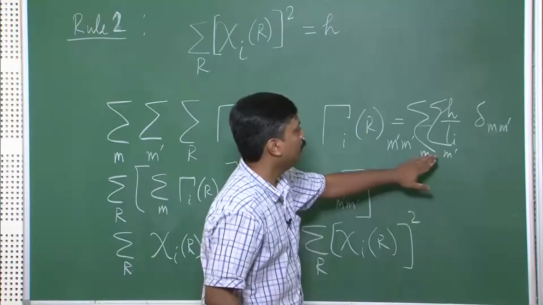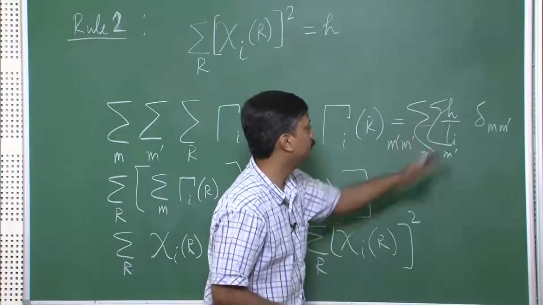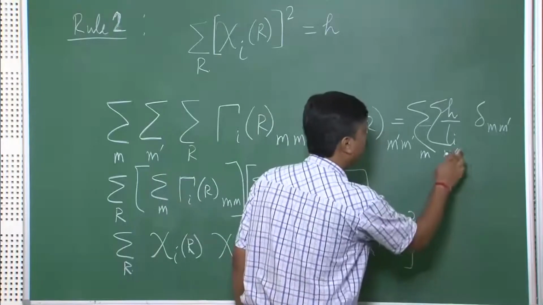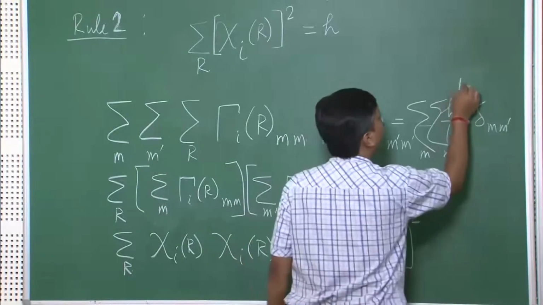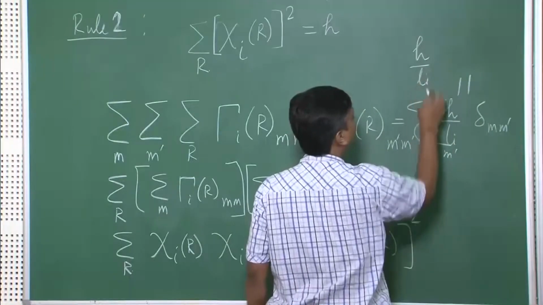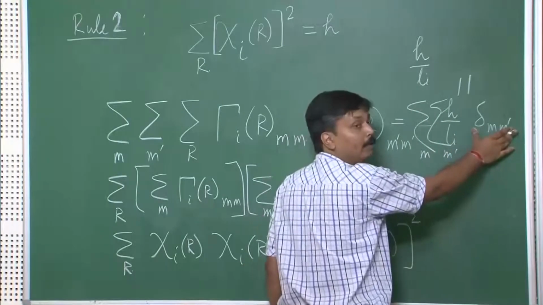So if I take out this h by Li outside the summation, this summation will give me h by Li and then 2 summation over m and m prime of delta m prime.